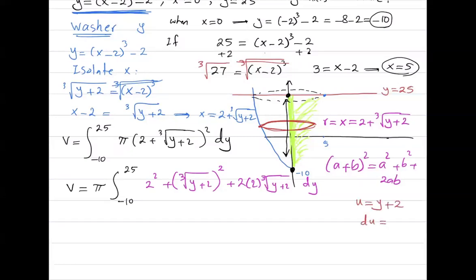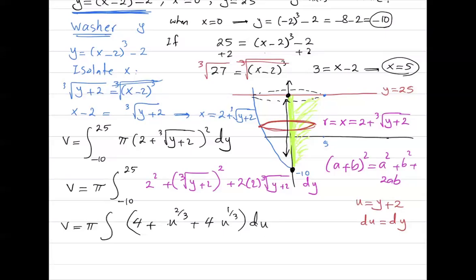So du is just dy, and the rest is very simple. So the volume can be written as pi, the integral of 4 plus u to power 2/3 plus 4 u to power 1/3 dy. And dy is now converted into du.